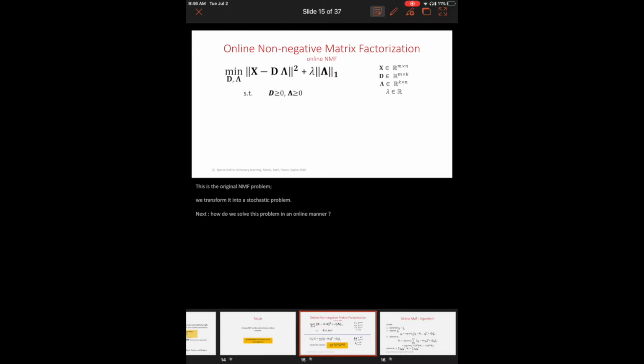Suppose that the data points in the data set come from a probability distribution.